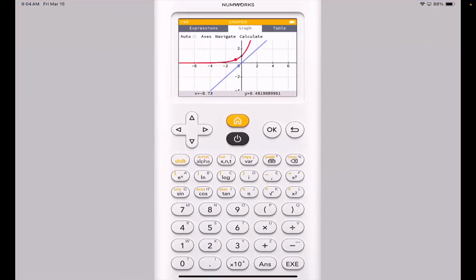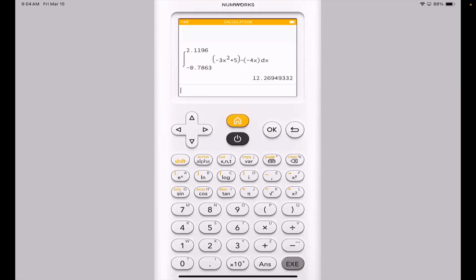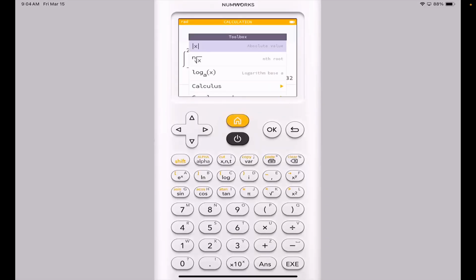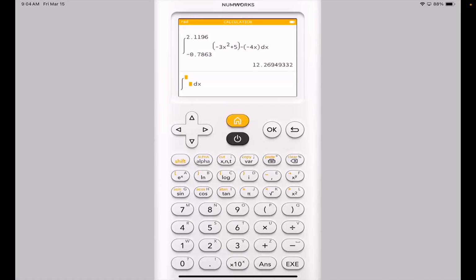So now I can go back to calculation, toolbox, calculus, integral, 0 to positive 1, parentheses, e to the x, close parentheses.